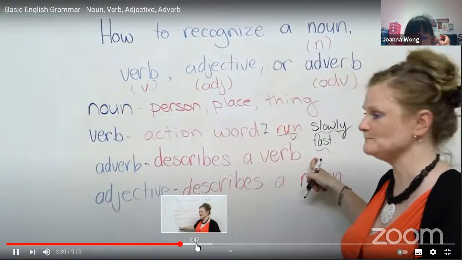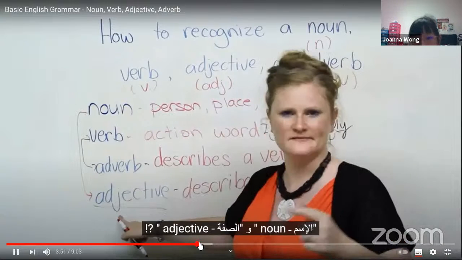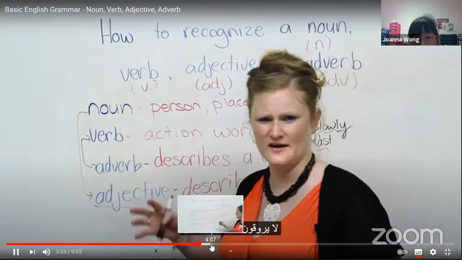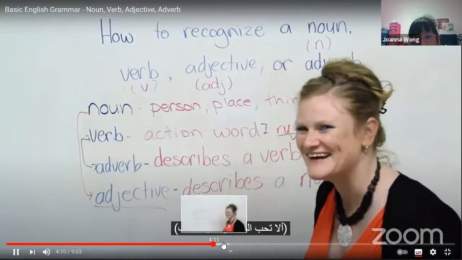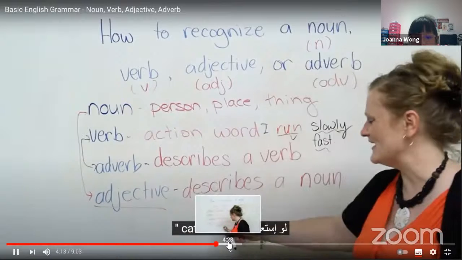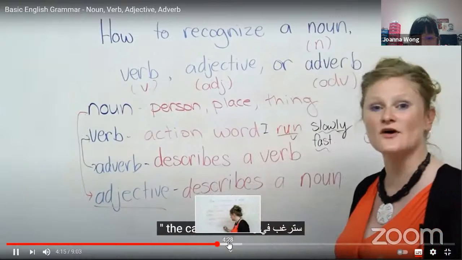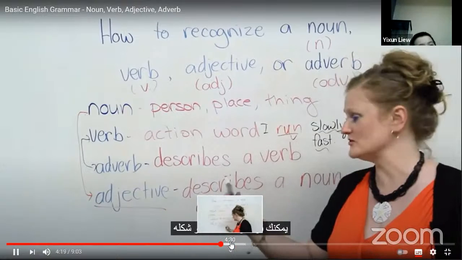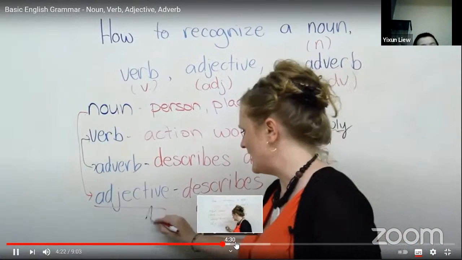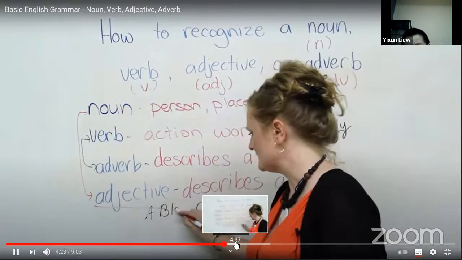Noun, adjective. It doesn't really jive. Cat. Aw, don't you love cats and not dogs? If you use the word cat, you want to describe the cat. You can say color, or size, or shape. So I'm going to say, black cat.